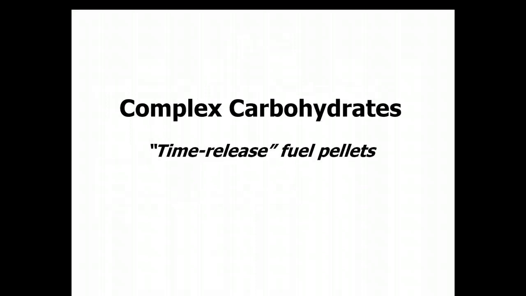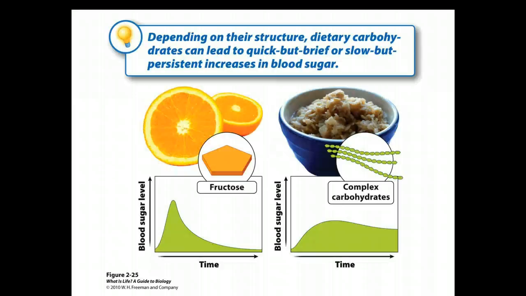Another way of looking at complex carbohydrates is as time-release fuel pellets. Depending on their structure, dietary carbohydrates can lead to quick but brief, or slow but persistent, increases in blood sugar. So immediate release is fructose.